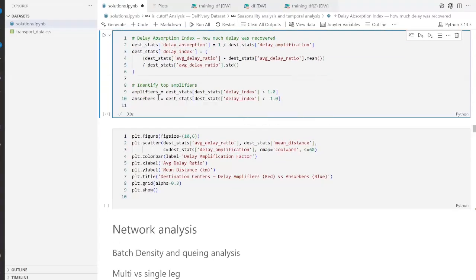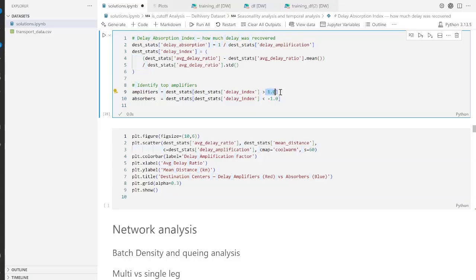To identify top amplifiers, we just have to set the delay index greater than 0. These are acting as amplifiers. An absorber would have a delay index less than -1.